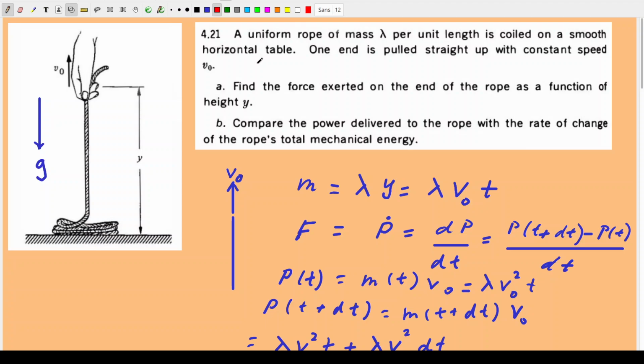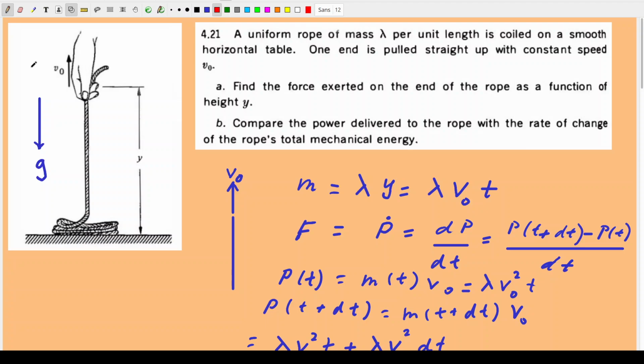Right, here is another interesting problem with a uniform rope of mass lambda per unit length. It's coiled on this table here, and we are moving the rope with a certain mass with the speed v naught in the upward direction.